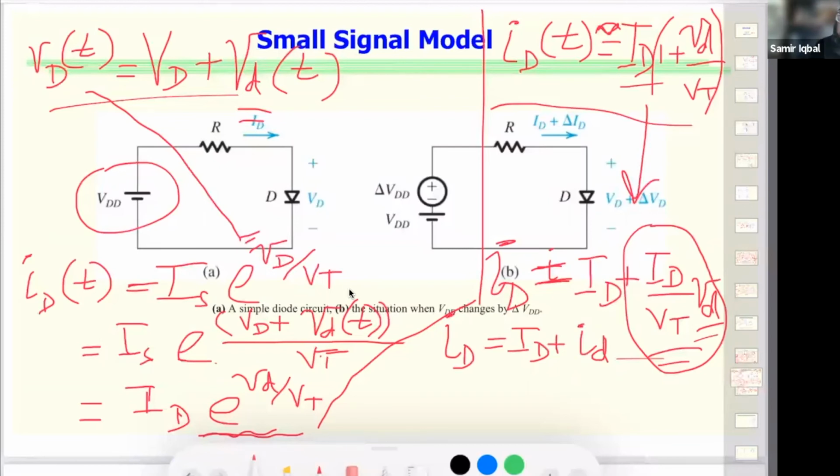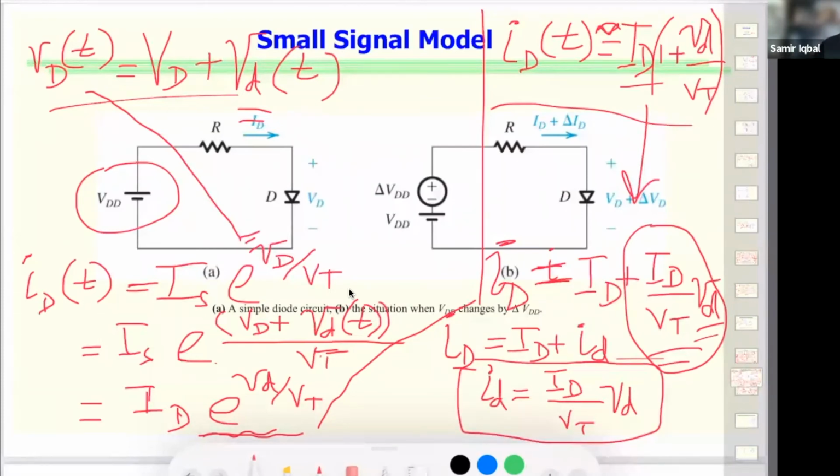What I've done is write this term as small i, small d. This relationship is interesting because the signal voltage v_d is related to this term.